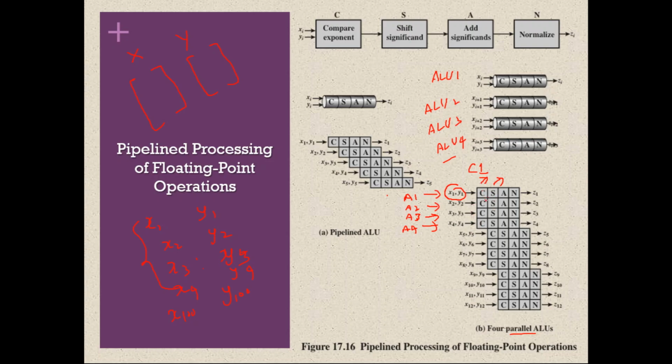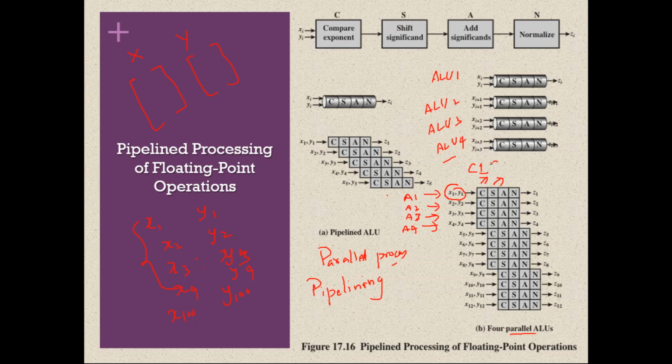Please understand this. Here not only are we using parallel processing, we are using parallel processing with pipelining. We are not going to leave the advantage that we get with pipelining. See this, how nicely it is designed. During one clock cycle, all these instructions X1, Y1 to X4, Y4 completed the compare stage, so they are moving to shift stage.